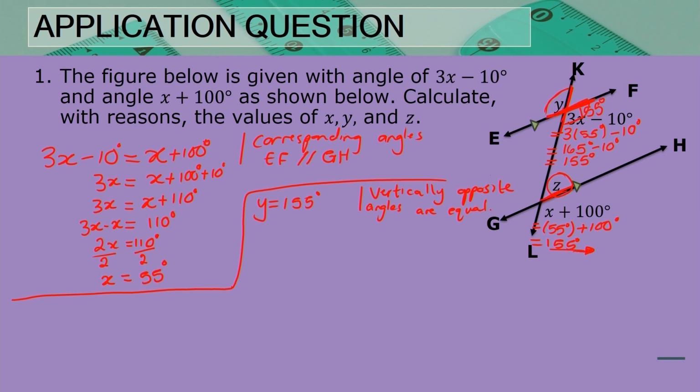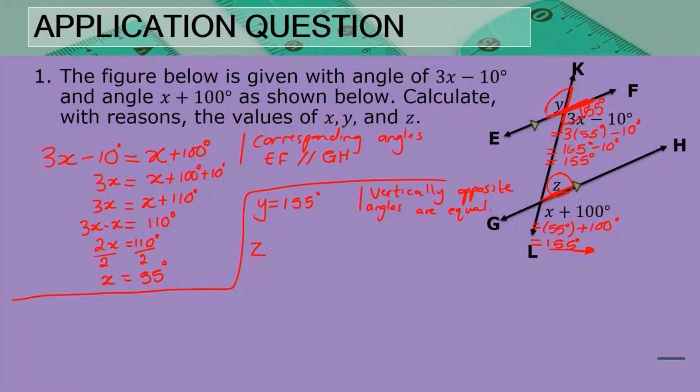And co-interior angles are supplementary. Why? Only because of the parallel lines. So that means that z plus the 155 degrees is equal to 180 degrees. And our reason for that is the co-interior angles.